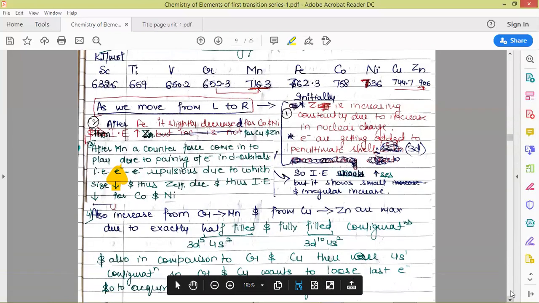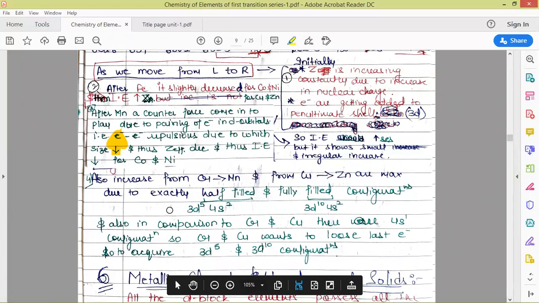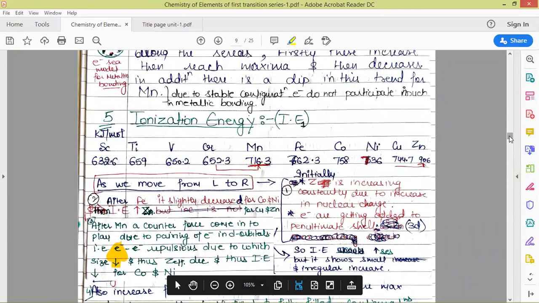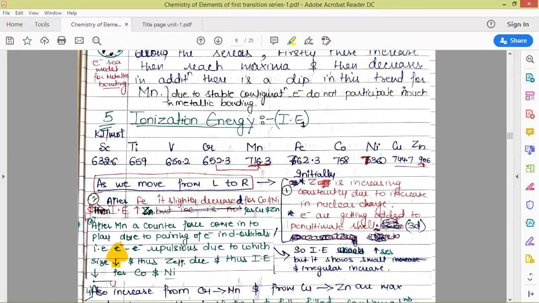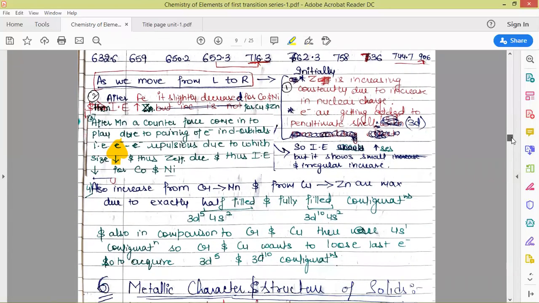Also, in the next point we can see that there is an exceptionally high increase from chromium to manganese and from copper to zinc. This is because they are having exactly half-filled and fully filled configurations, due to which ionization energies are maximum.